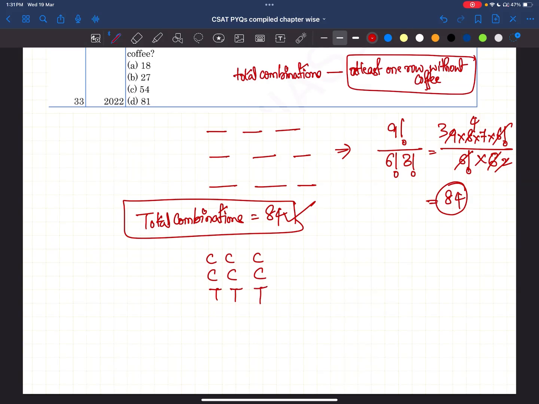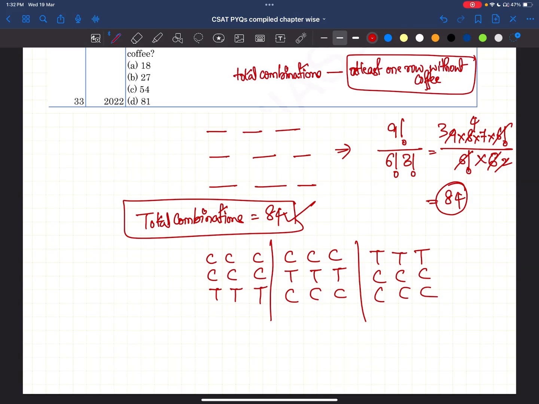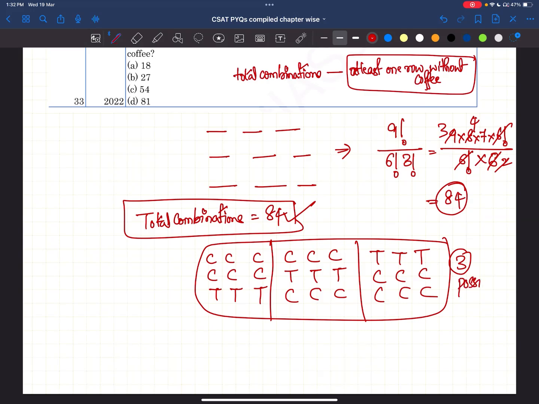This is one combination. This is another combination. This is the third combination. How many possibilities have we picked? 3 possibilities. These 3 possibilities arise without having at least 1 cup of coffee in all 3 rows.